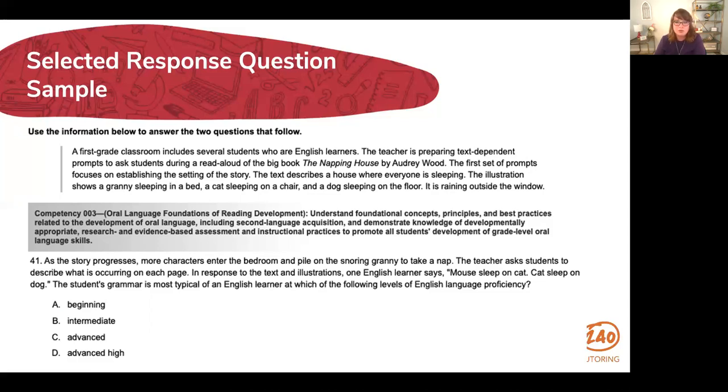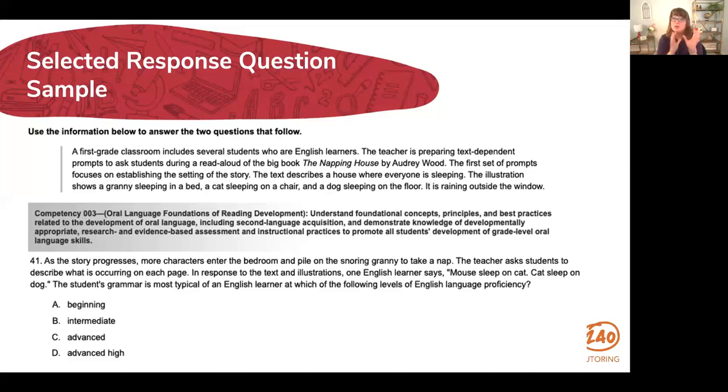The student's grammar is most typical of an English learner at which of the following English language proficiency levels? Now we're using the same initial information of being a first grade classroom with English language learners. However, our approach to this question needs to shift. This time we're given what the student says, and we have to identify what level they are. Last time we were given the level, and we had to figure out what would be most appropriate for the teacher to say.